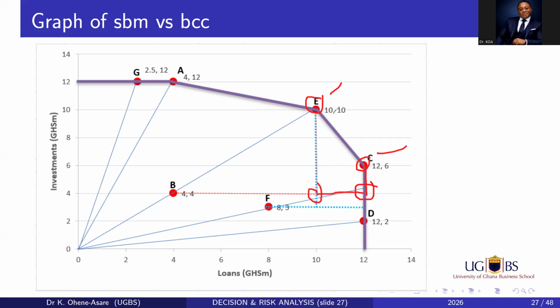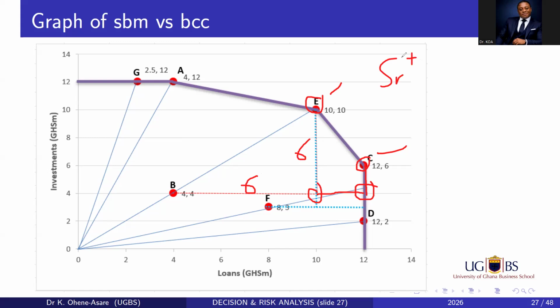Now, these movements are what we call slacks. These movements are called slacks. So you now move 6 positive slack, 6 positive slack. And so when you get to the output section, you remember that's SR plus.